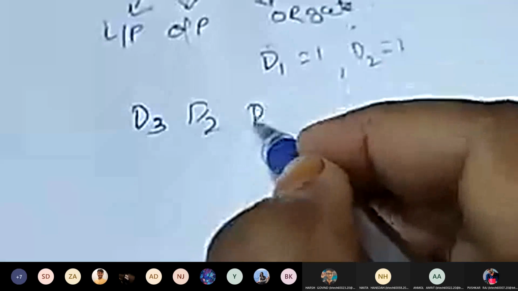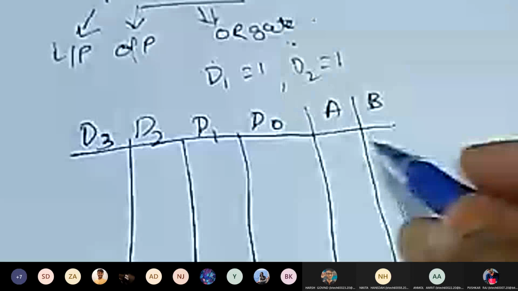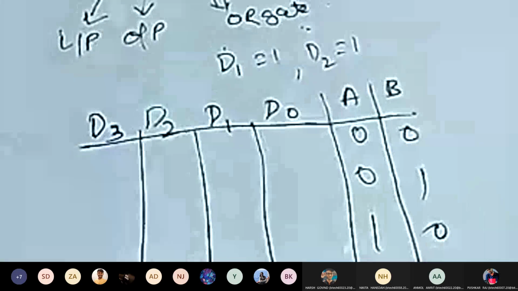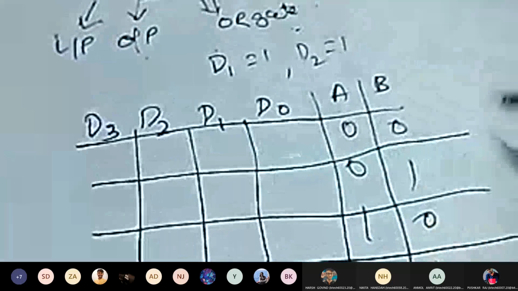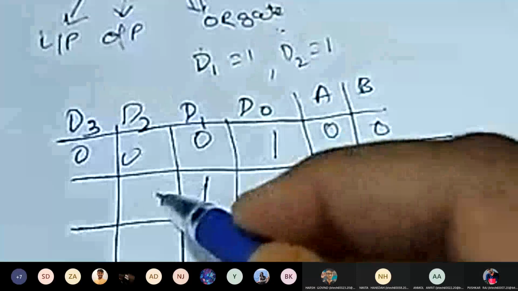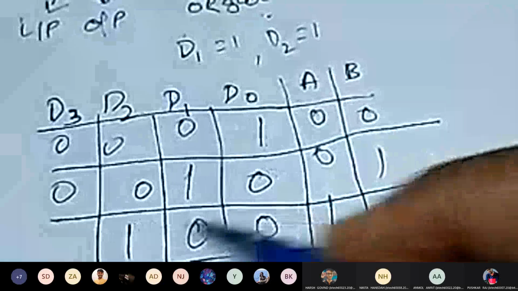Suppose 4 inputs are there, so I'll take D3, D2, D1 and D0, and these are the outputs A and B. The combinations are 00, 01, 10 and 11. So 00 means D0 is high and the rest are 0. 01 means D1 is high, the rest are 0. 10 means D2 is high, the rest are 0.